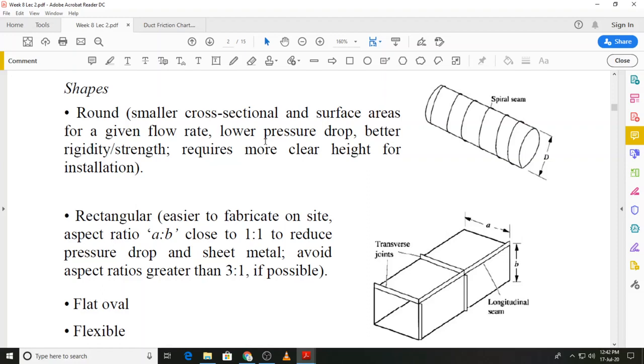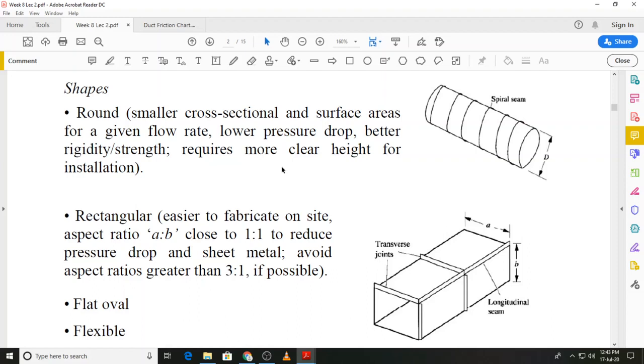When we say that in general round ducts are preferable to rectangular ducts, they have a smaller surface area, that also translates into less material cost. So that is, they are going to be also less heavy, and we need hangers etc. to support the ducts, so we will require relatively hangers which are not that strong, in that sense that for rectangular duct we will need heavy hangers also.